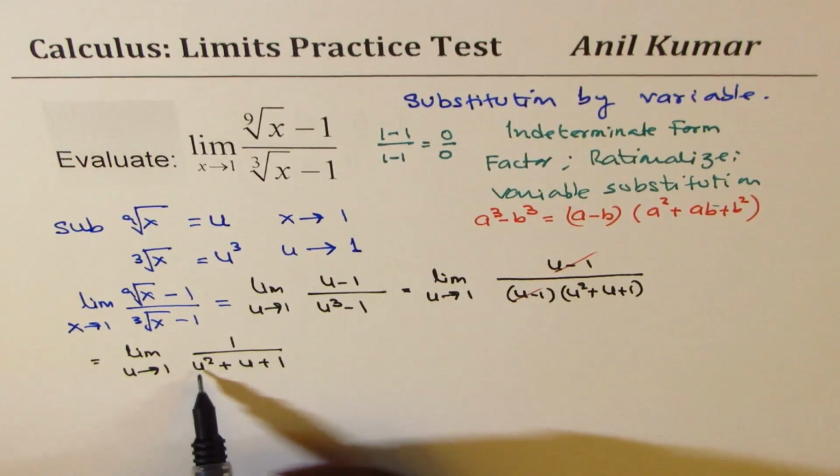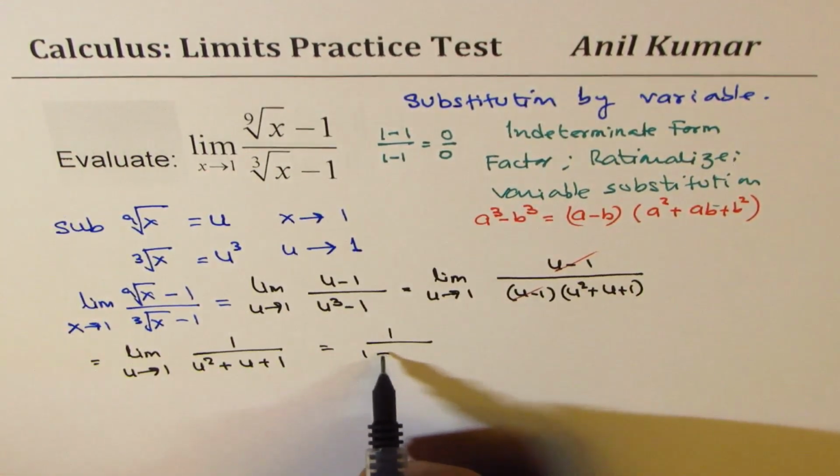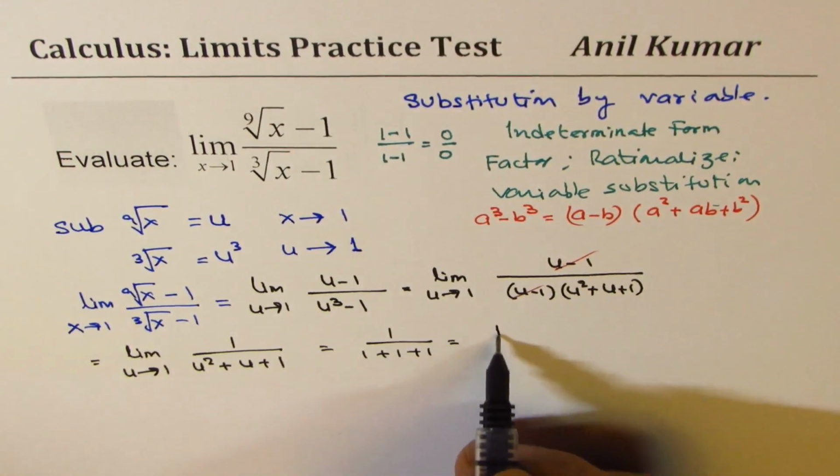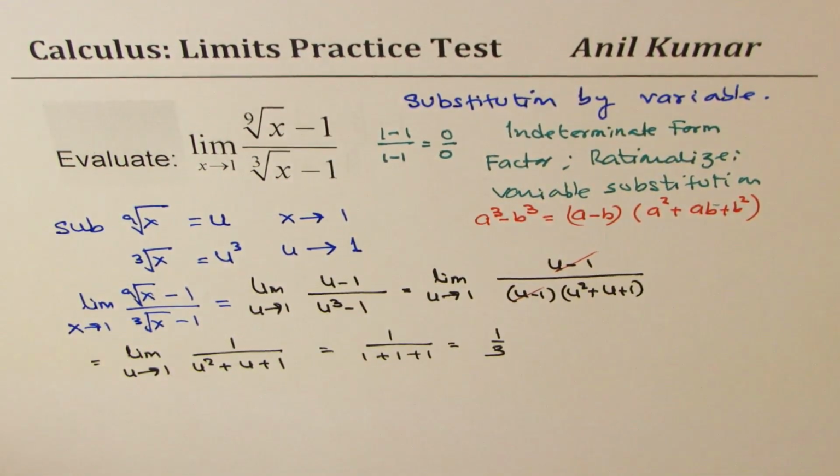Now in this case u is 1, so I get 1 over 1 plus 1 plus 1, which is 1 over 3. So the limit of this function as x approaches 1 is 1 over 3.